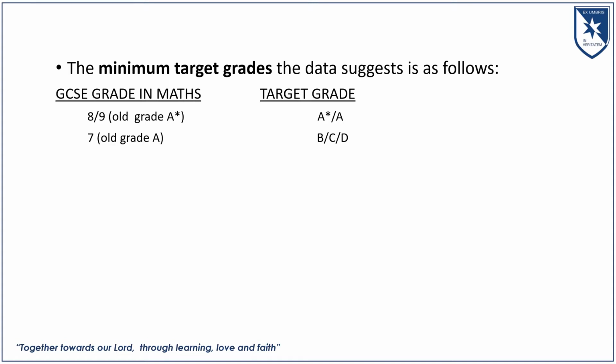If you achieve a grade 7 at GCSE, then you'd be aiming at a B, C or D. Seems quite a wide range of grades there, but it also takes into consideration your average GCSE score. If you achieve a grade 6, that's an old grade B, then you would be looking at getting around a target of a D, E. I wouldn't say anybody would get a target of a U, but that's what you can be expecting around the lower end.